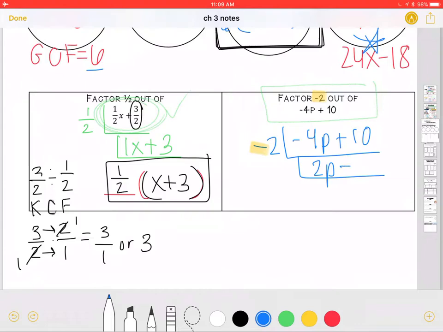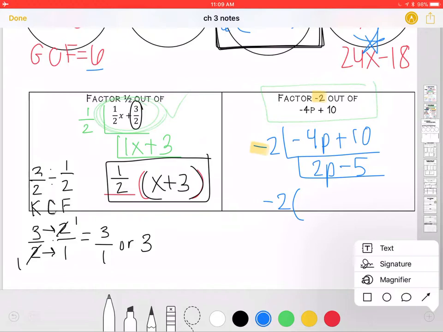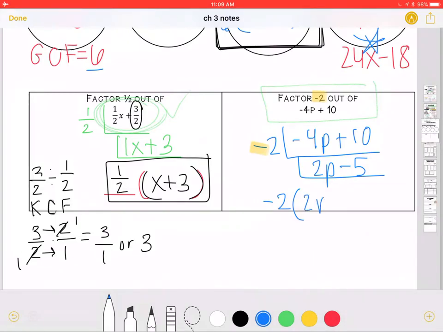It should be a -5. So we factored out -2. Now let's just set up our final answer. -2 is on the outside. That's what we factored. And what was left was 2p minus 5. That's your answer.